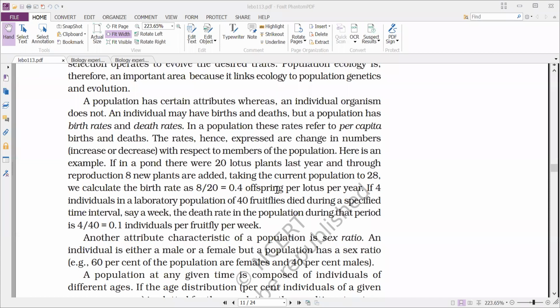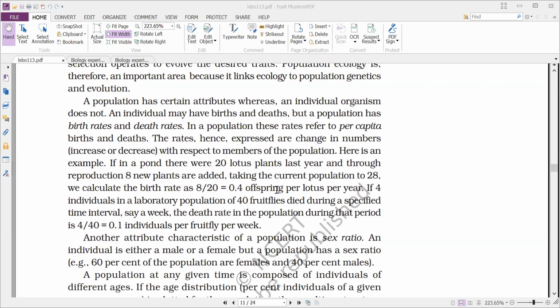That is 0.4 offspring per lotus per year. All the lotus plants might not have undergone reproduction and produced new plants, but here we are taking the rate, that is, on average, for one lotus plant it is around 0.4.